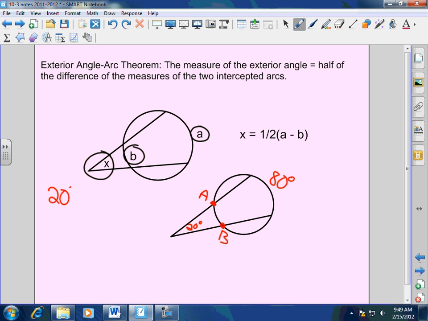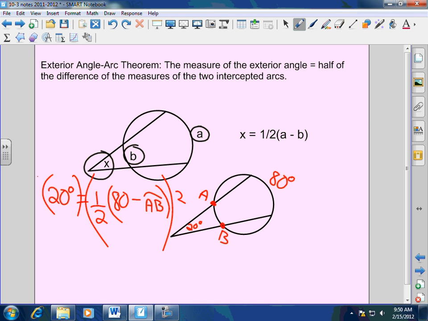20 degrees equals 1/2 of 80 minus arc AB. Okay, multiply by 2, you got 40 equals 80 minus AB. Subtract 80 from both sides.